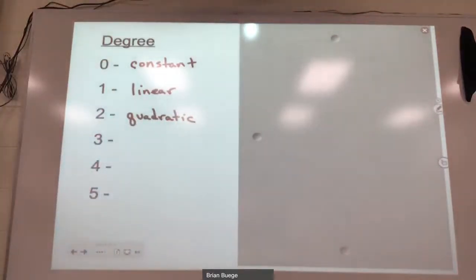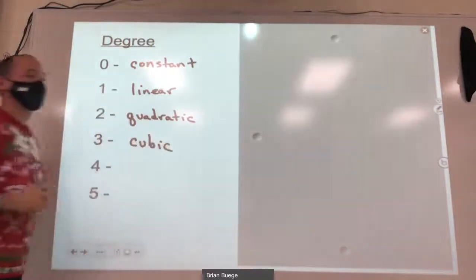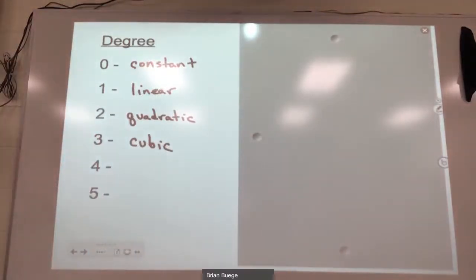How about 3? What happens when you raise something to the third power? What do you do with it? What's that called? You don't square it, you cube it. So this is called a cubic function. Okay? Third degree functions are called cubic functions. What about fourth degree? This one you may or may not know.